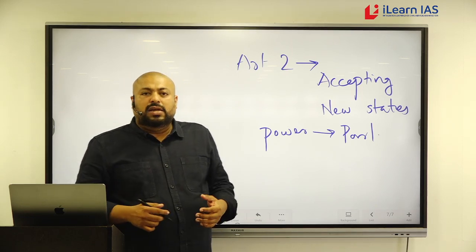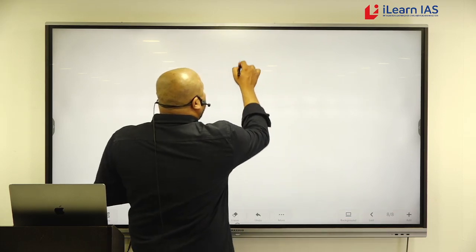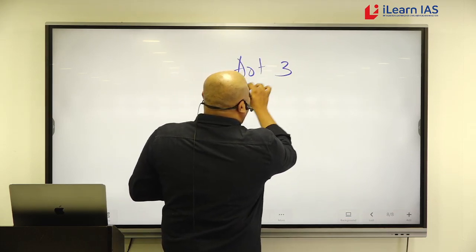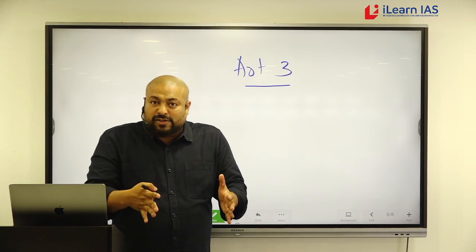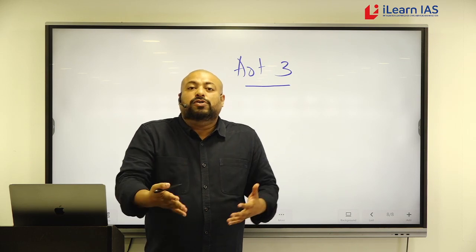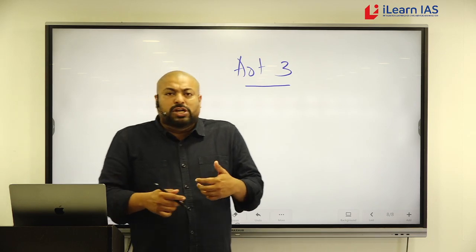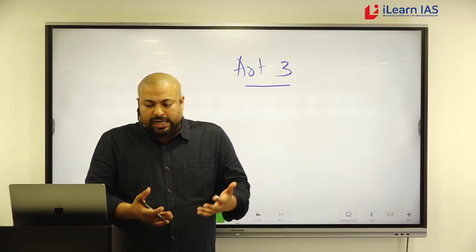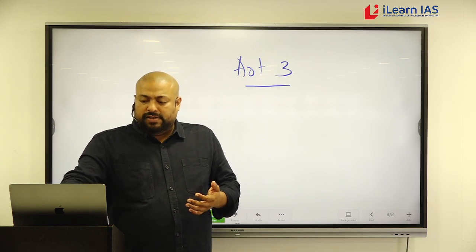Now, let's see what Article 3 is talking about. Article 3 is basically going to talk about how we can conduct internal readjustments with respect to the existing states and union territory, and what the provisions for that are. So let's read Article 3. Formation of new states and alteration of areas, boundaries, or names of existing states.